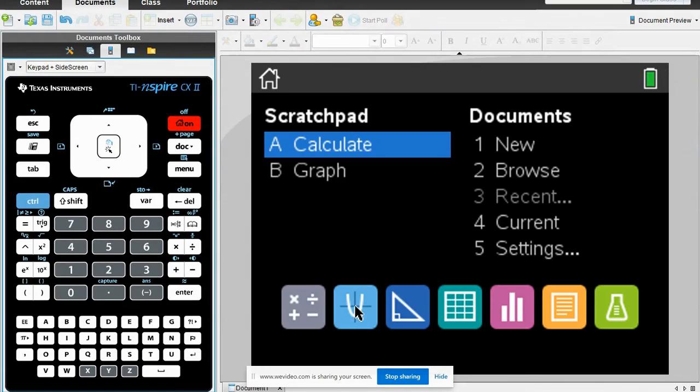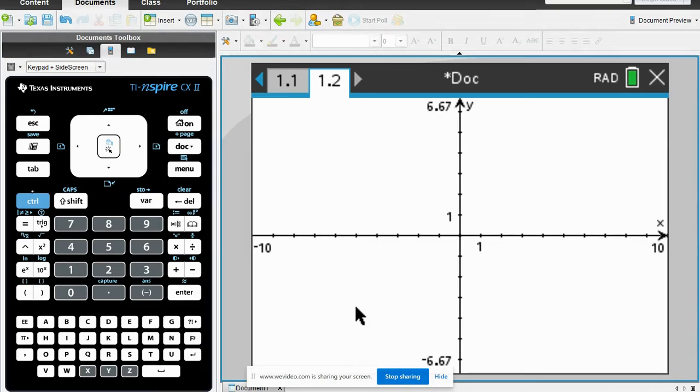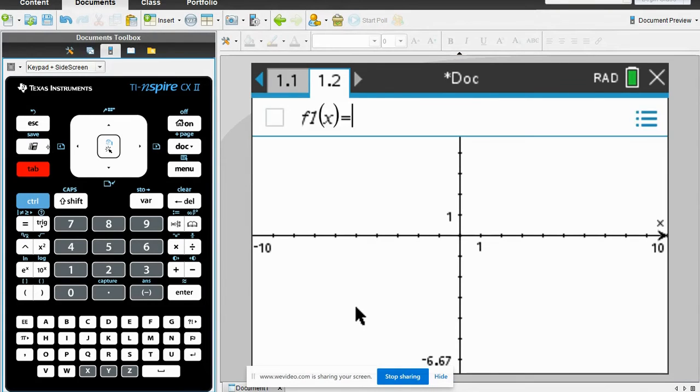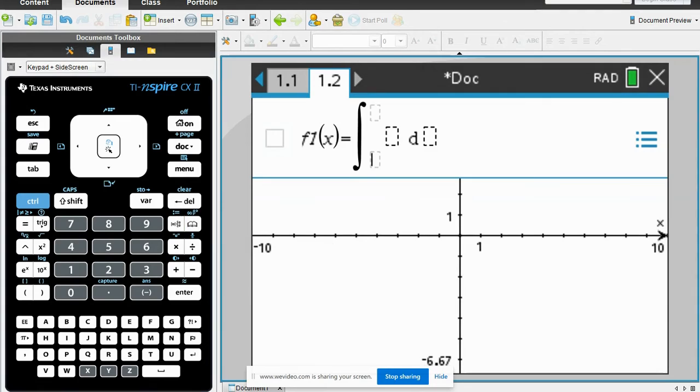We're going to go into the graph section and tab. This is going to be a tricky entry because of how this doesn't like me. But we're going to do the integral from 0 to x.